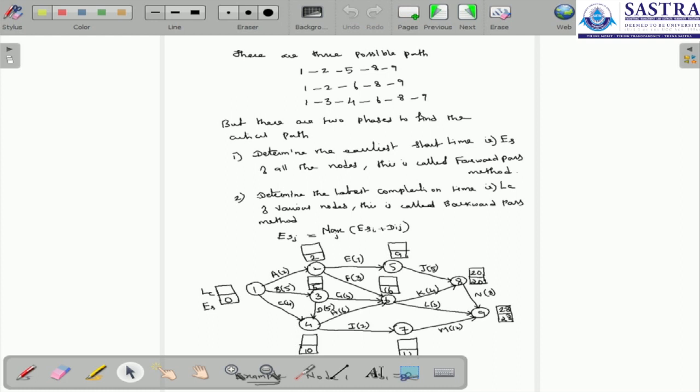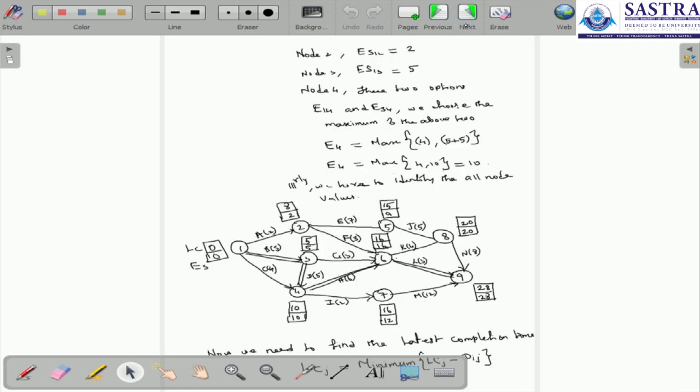Then we have the next activity which comes from the second node. So node 2 equals 2, and node 3 equals 5. For node 4, there are two options, E14 and E34.